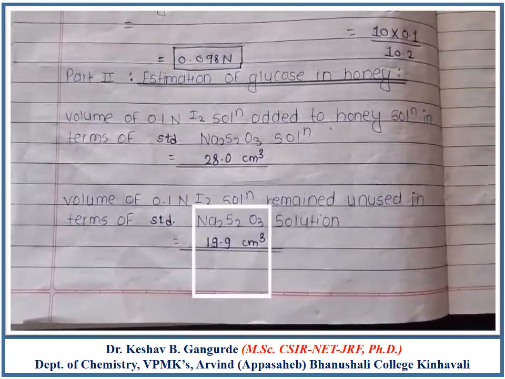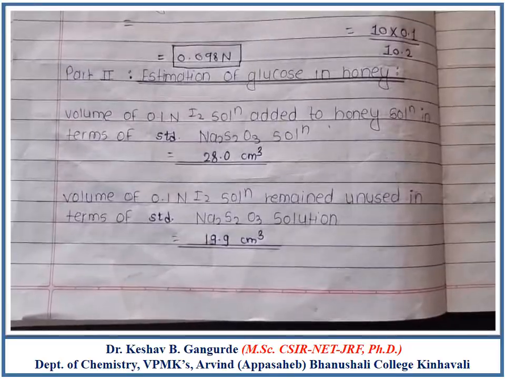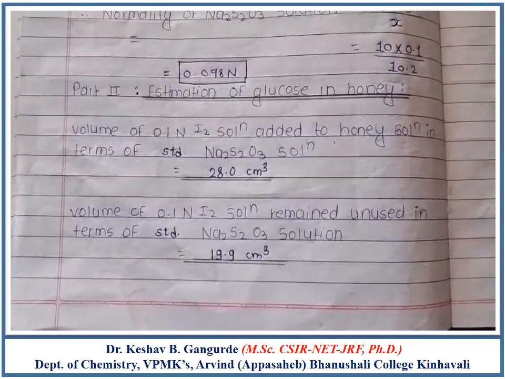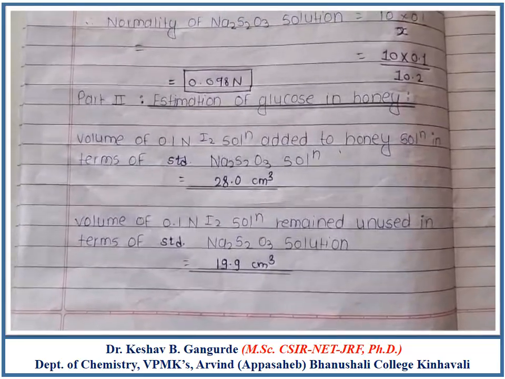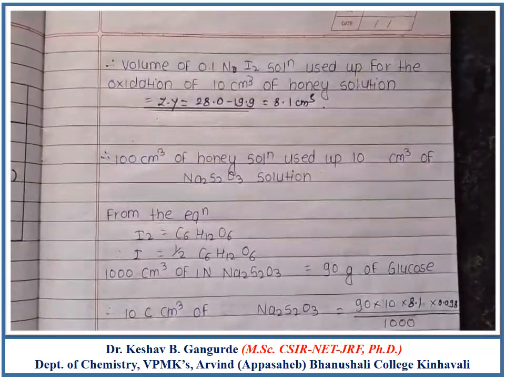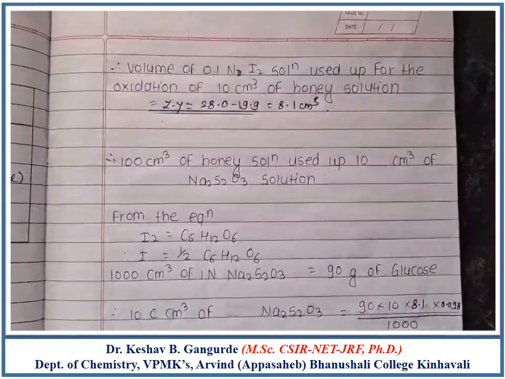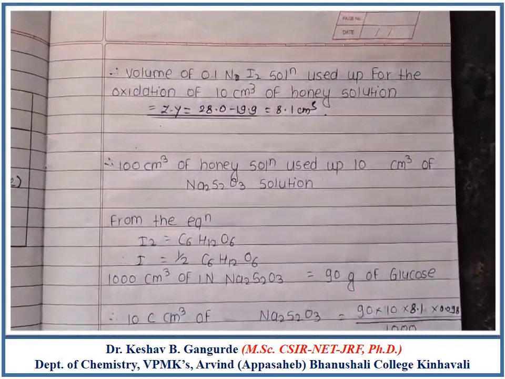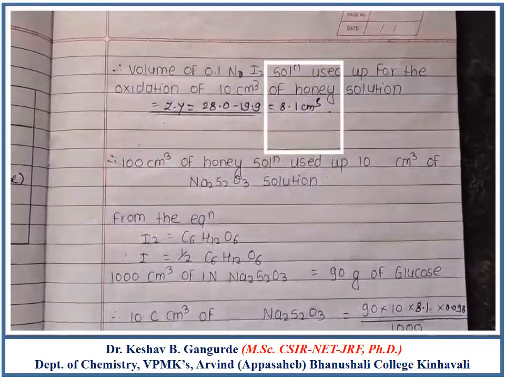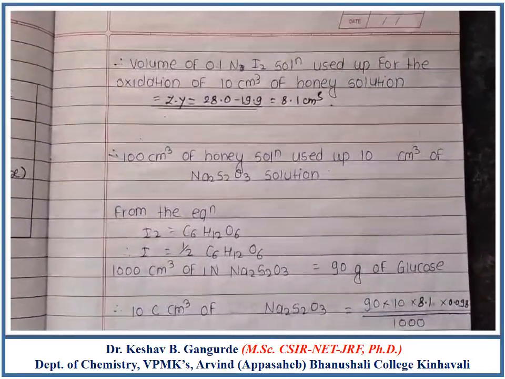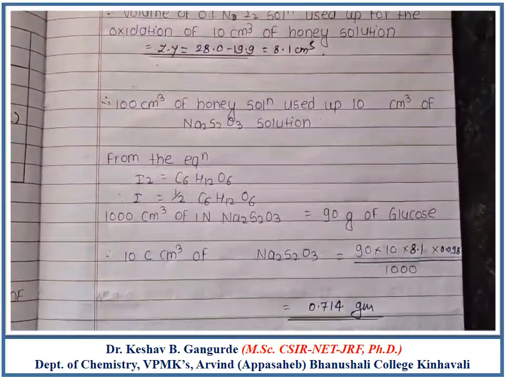That is volume of 0.1 normal iodine solution remained unused in terms of standard sodium thiosulphate solution is 19.9 centimeter cube. Therefore, volume of 0.1 normal iodine solution used up for the oxidation of 10 ml of honey solution is Z minus Y, which is equal to 28 minus 19.9 equal to 8.1 centimeter cube.